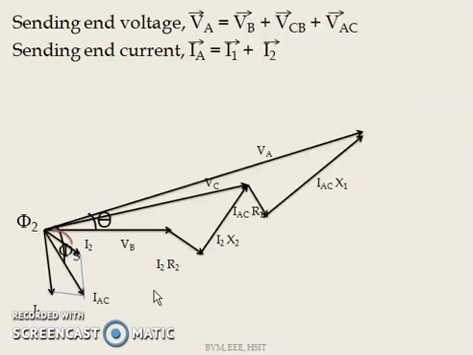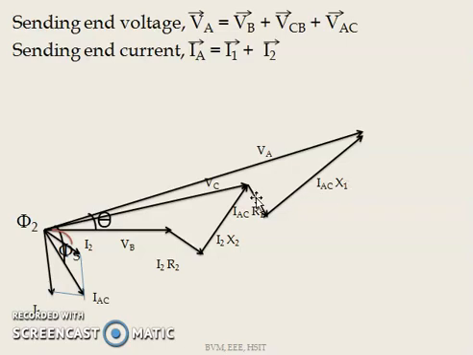That is IAC; IAC is I1 plus I2. So when IAC flows through section AC, it will have IAC into R1, and a voltage drop across the inductive reactance, IAC into X1.